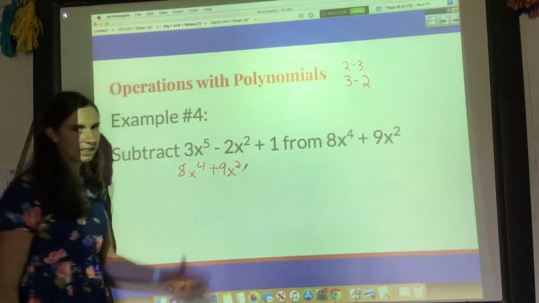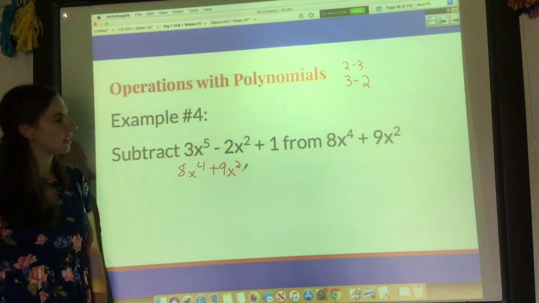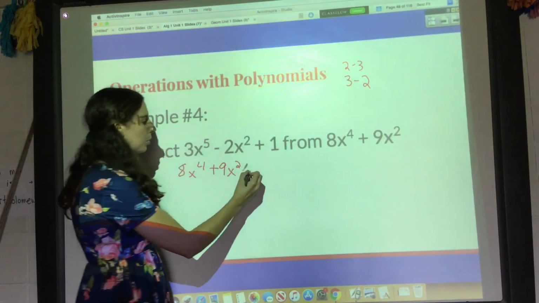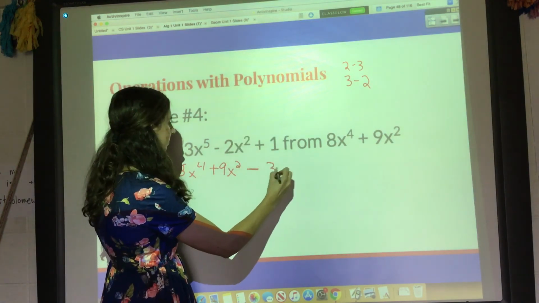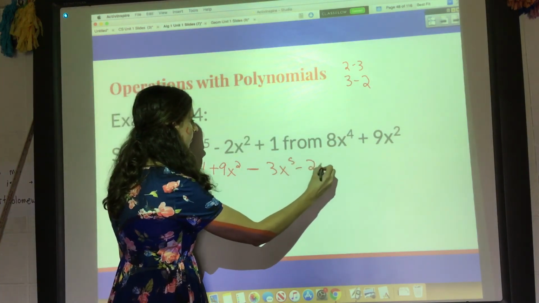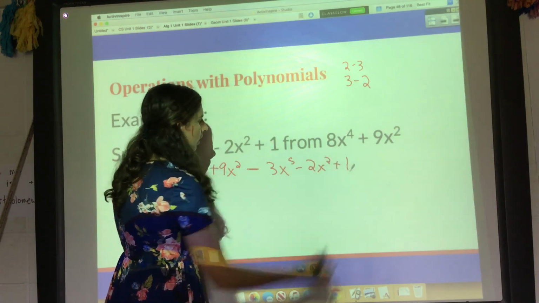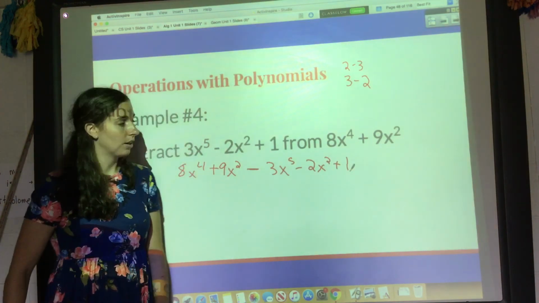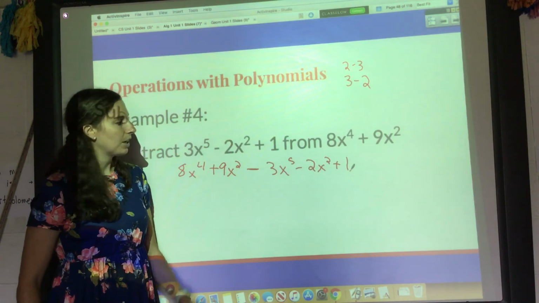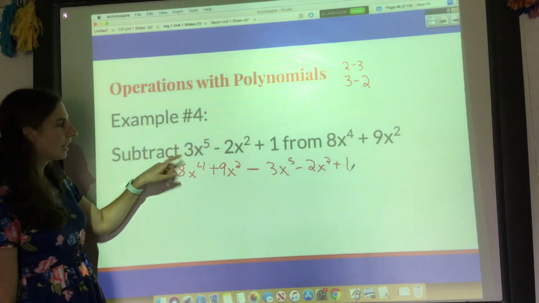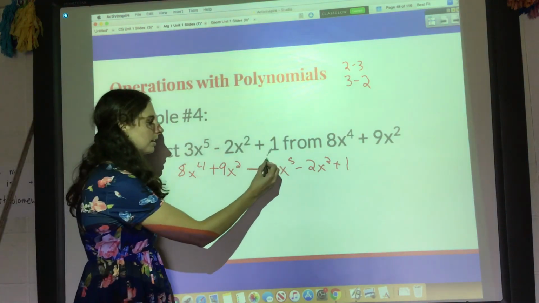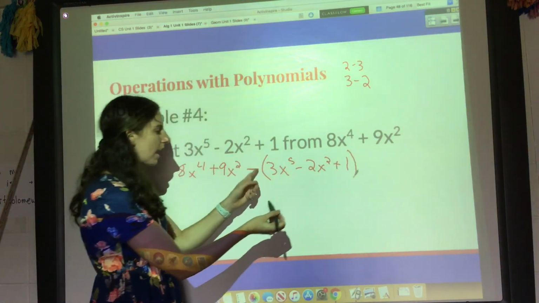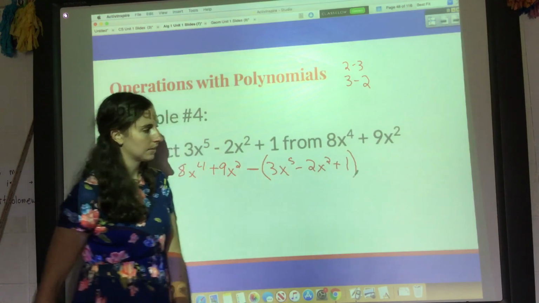You can put it in parentheses if you want, but it's not necessary because nothing's in front. And then I'm going to subtract this. What I have written is actually not correct. It's close, but you have to be careful. If I'm subtracting this entire polynomial, I need parentheses because I'm subtracting all of this.